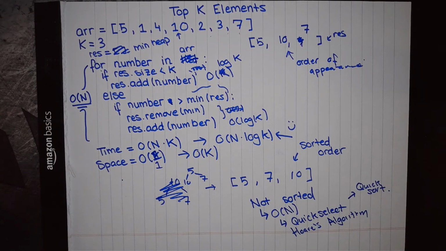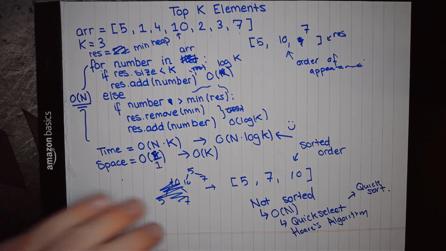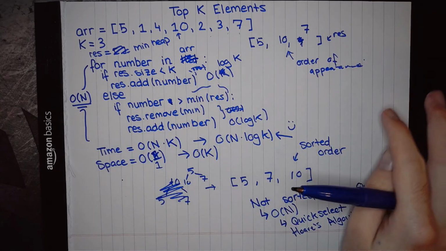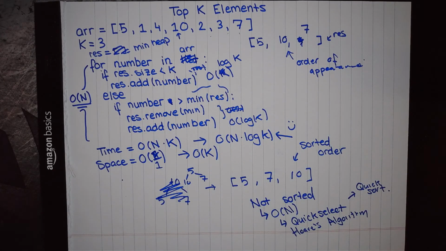But if you don't care about whether or not they're sorted, then you can use quick select to do things even faster, in O of n time and O of log n space actually. So that's pretty neat. Now I'll leave it as an exercise to you to translate this algorithm to do it for the least k elements, and that should be pretty straightforward once you go over this.